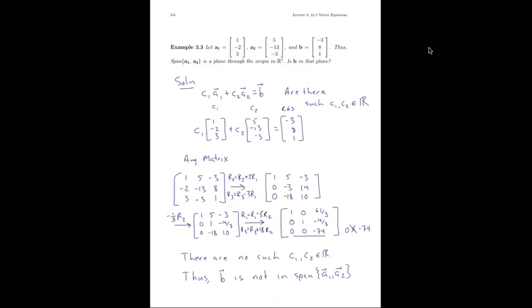If we're spanning with three vectors, at most it forms a three-dimensional space. Same thing for two vectors: at most they form a plane, or two-dimensional space. That is, B is not in the plane formed by the span of A1 and A2.